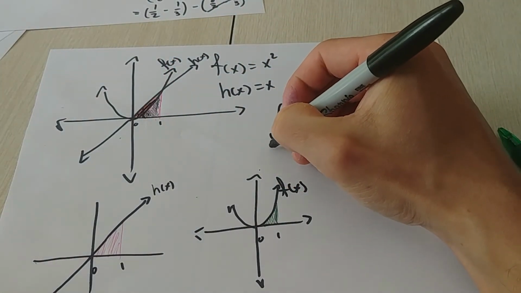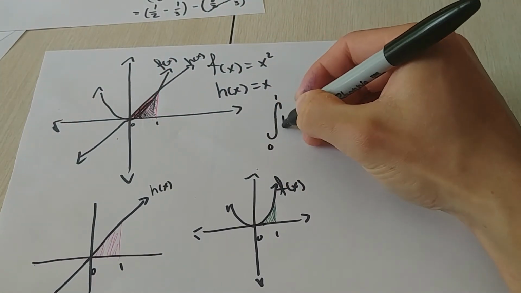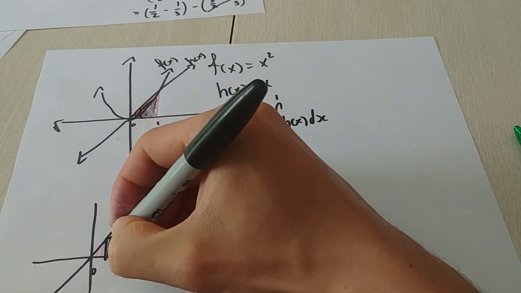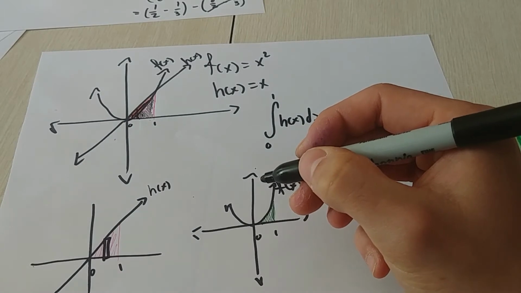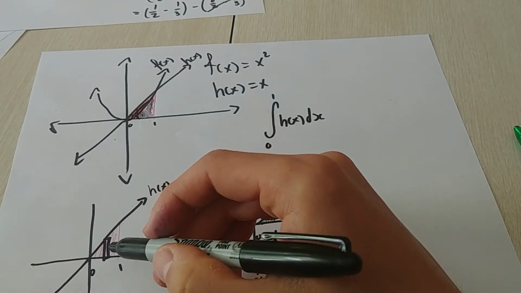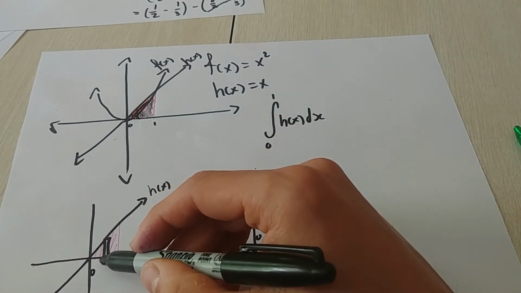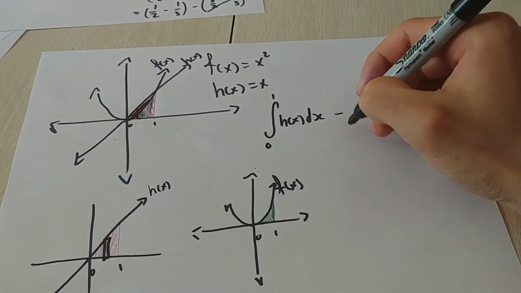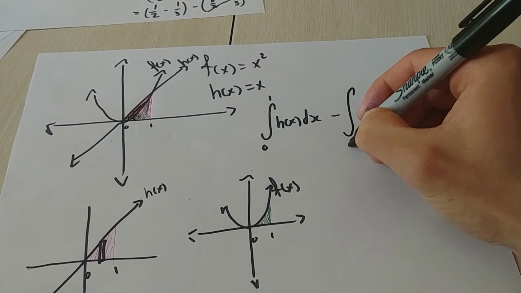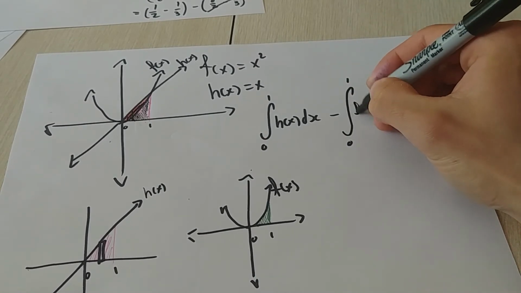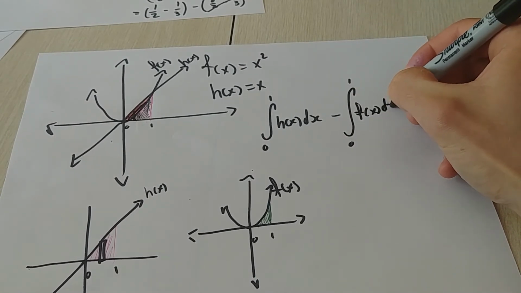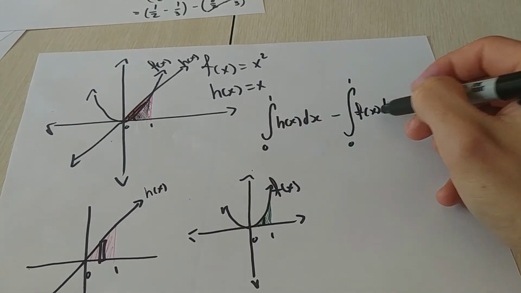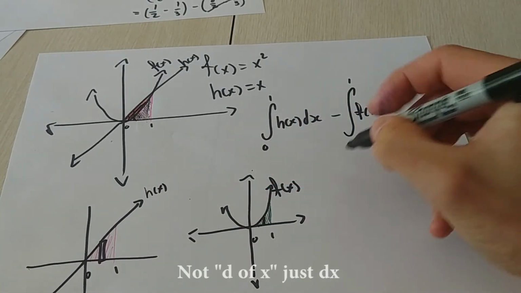So I'll do that. The integral from 0 to 1 of h of x dx, because we're making small rectangles that have height h of x and width dx, subtracting the integral from 0 to 1 of f of x dx. So these are rectangles that have height f of x and width dx.